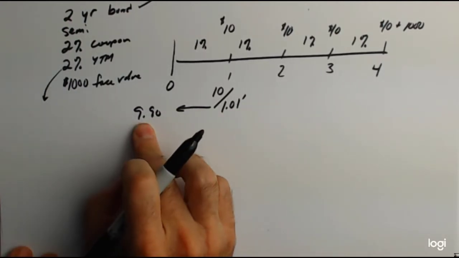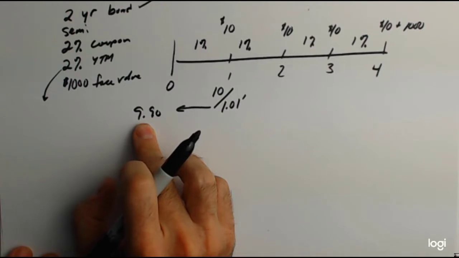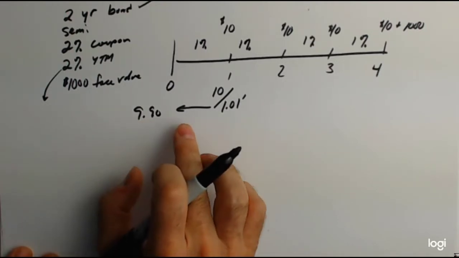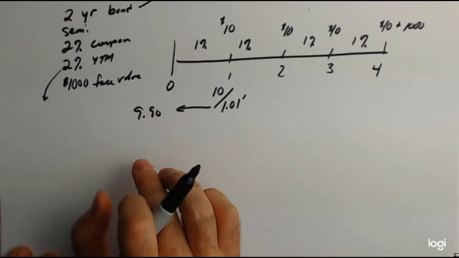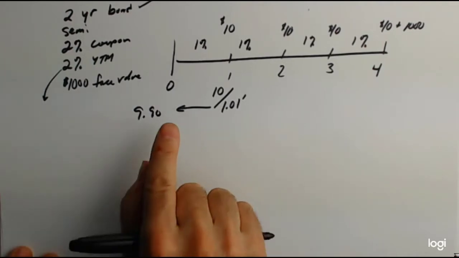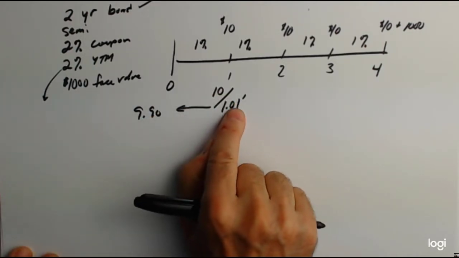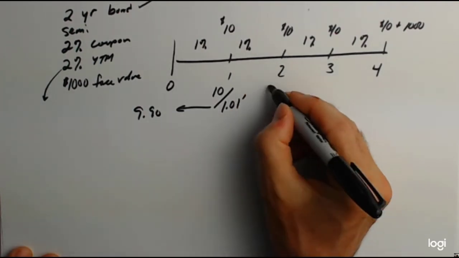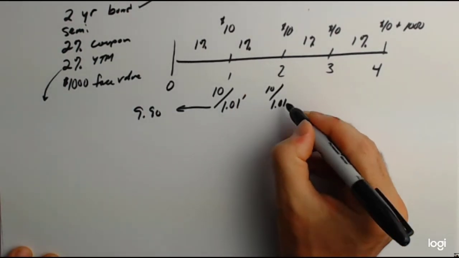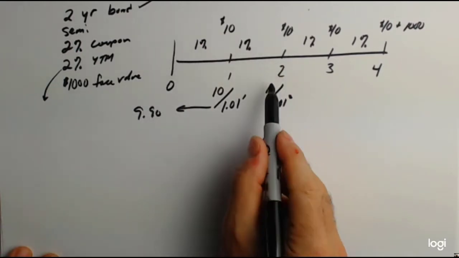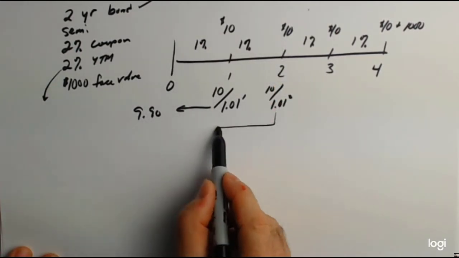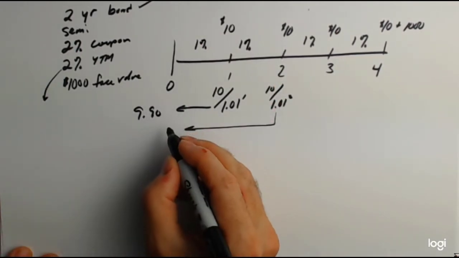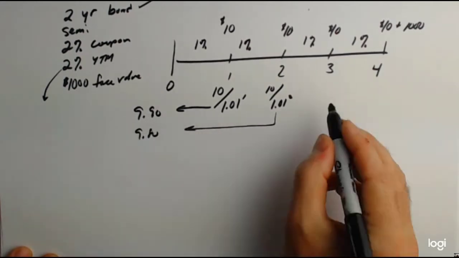So the present value of $10 discounted at a 1% rate is $9.90. Okay, so this is the present value, that's the future value, this is the discount rate, and 1 is the number of periods. And then we're going to keep doing this, except now it's 2 periods. You're going to get this $10. What's the present value of that? Well, it turns out to be $9.80.